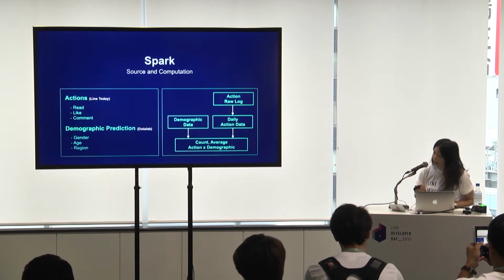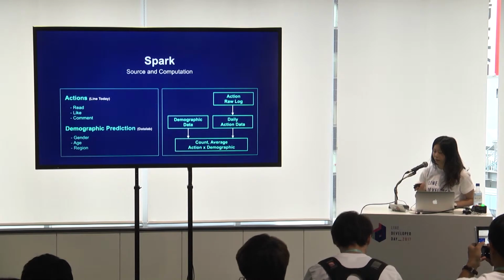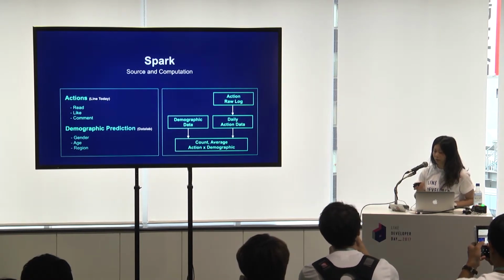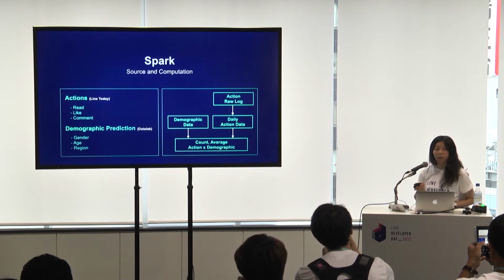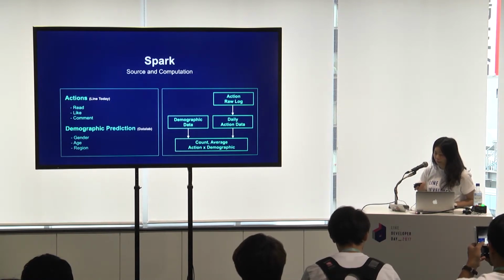We have two kinds of sources. The first one is what I just described, the action logs from Line Today. At this moment, we use read, like, and comment for analysis. The other kind of source is the demographic prediction about Line users, provided by the data lab in Japan.